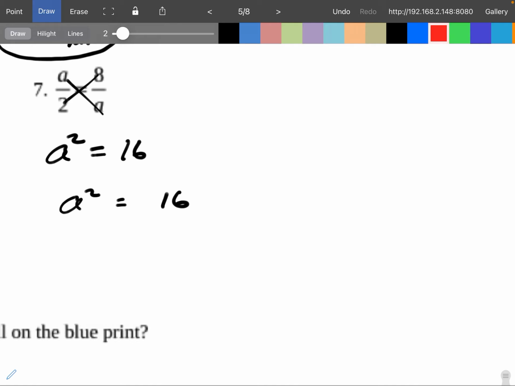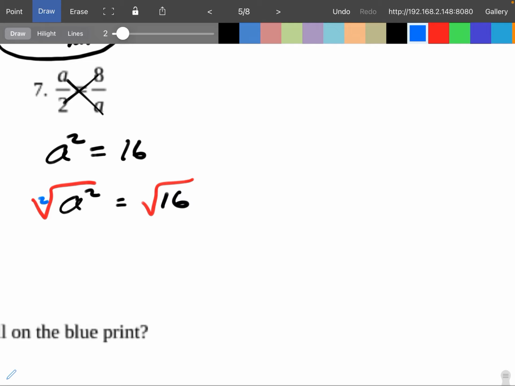So here's how I want you to do this. Whenever you have something like this, you want to get rid of the squared. The opposite of squaring is to square root. So we've got to get rid of that second power on that a.